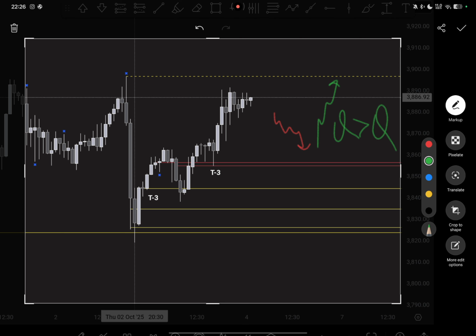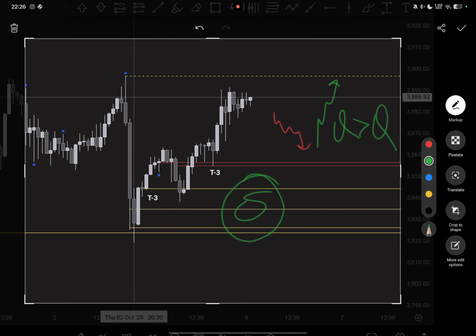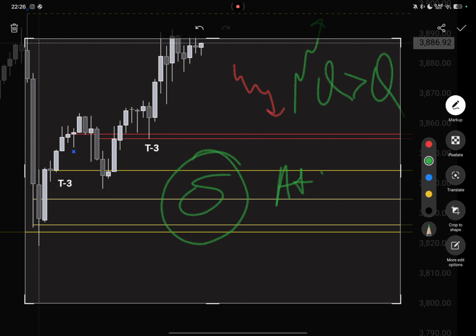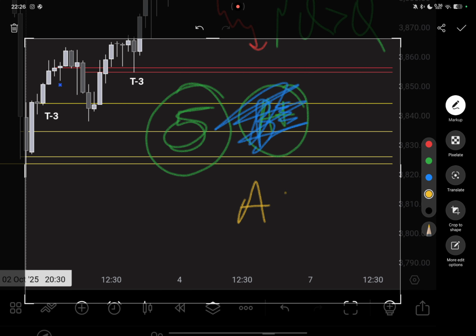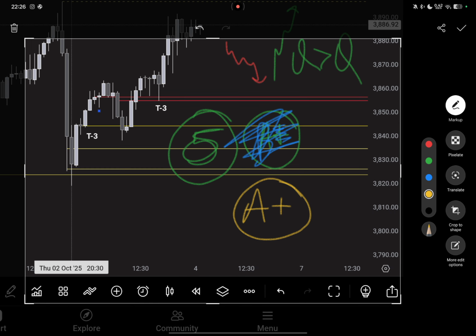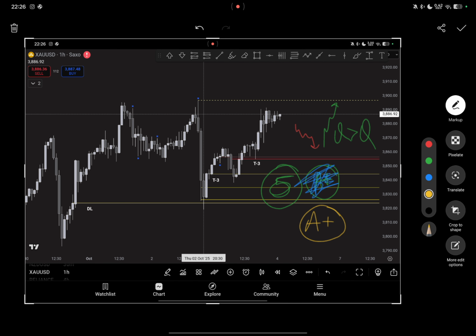Okay, so I am happy with taking, let's say, 5 trades, but I want to make sure that those 5 trades are A plus. I'm not dumb to risk my money on a non A plus setup. There might be B, C, I don't care. The only thing I know is my setup needs to be A plus, that means following every rule. If it's not following every rule, I will not put my money at risk.